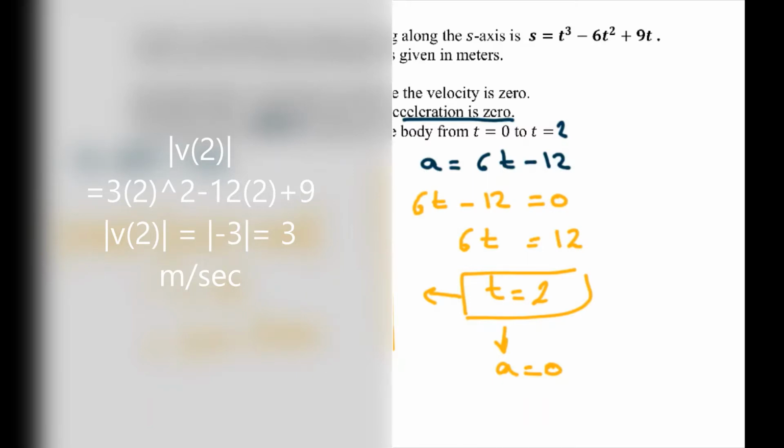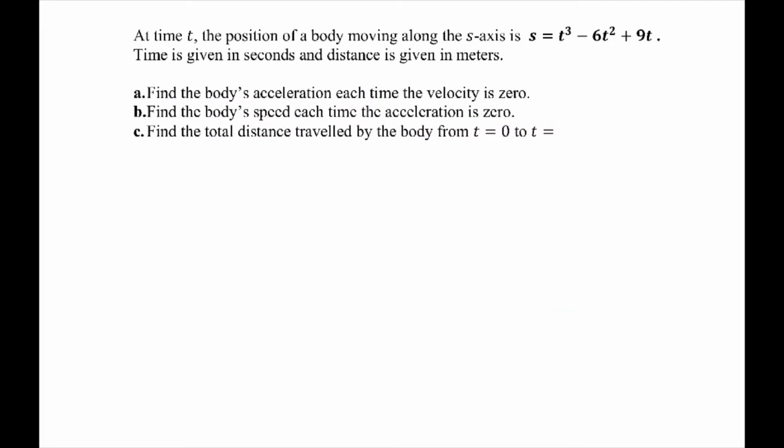Okay, finally, we need to find the total distance traveled by the body from t equals 0 to t equals 2. Well, think about it this way. This is my number line. Okay? At 0, at 1, at 2, and at 3.